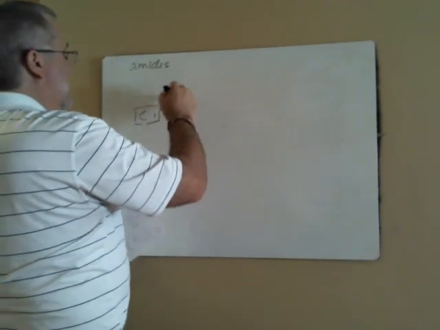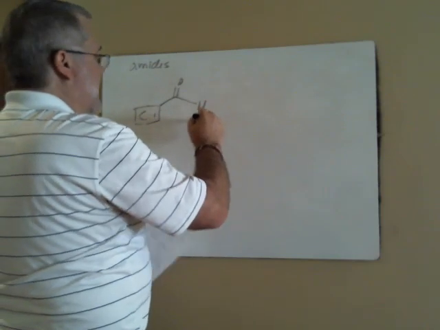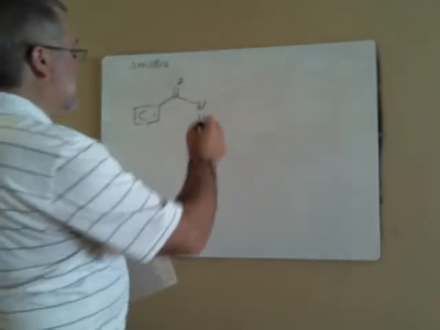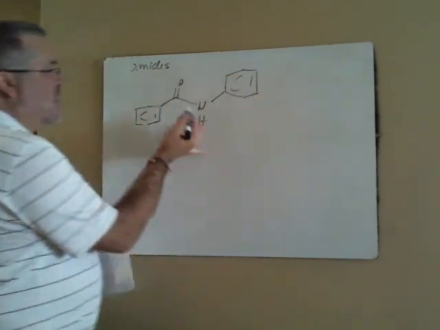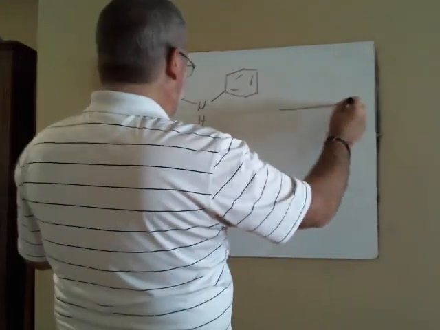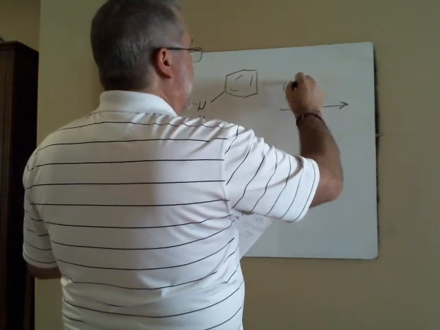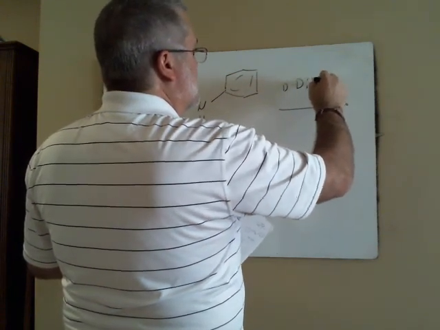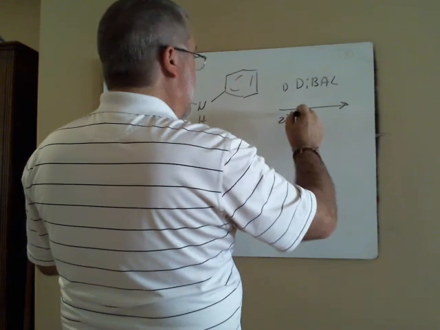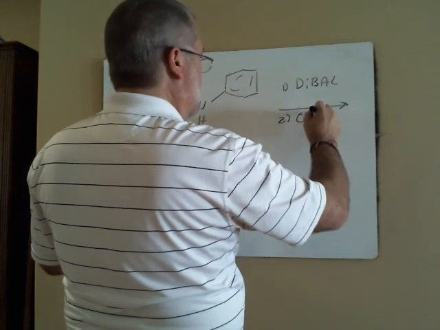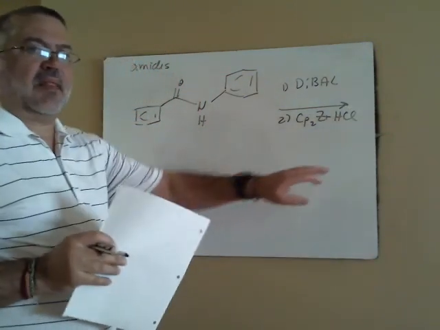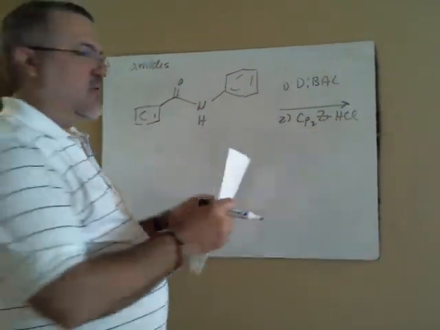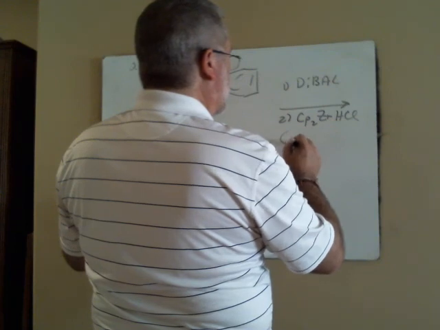It's not easy because it's a different mechanism, remember, than what you saw with esters. And so if you have an amide like this, you can in fact react it with DIBAL, followed by this zirconium hydrochloride, which is called Schwartz reagent.